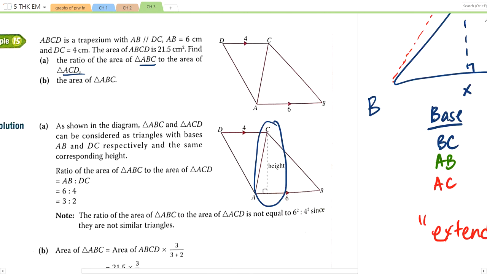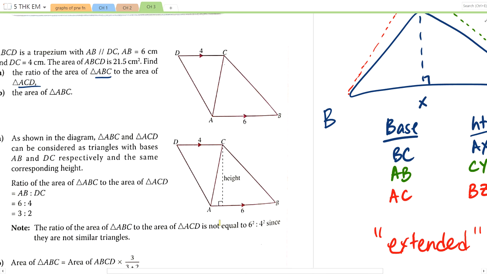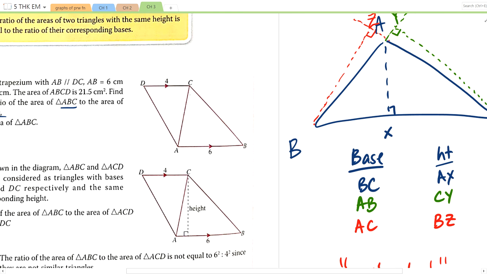Now, back to this. We see the triangles. I want to identify common height. From the diagram below, this green part is the perpendicular height for triangle ABC. Quite clear, right? But do you also agree that this is also the perpendicular height for triangle ACD with CD as the base?